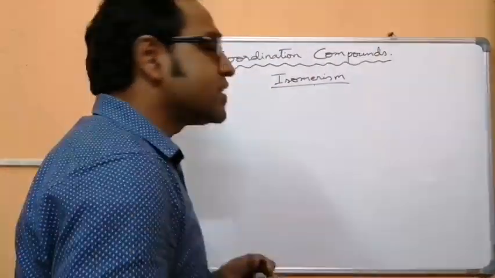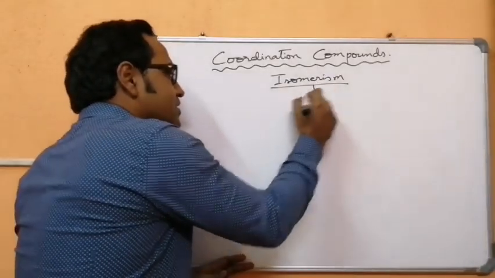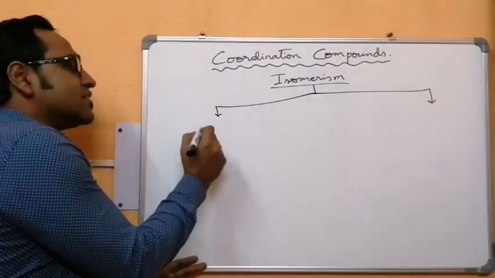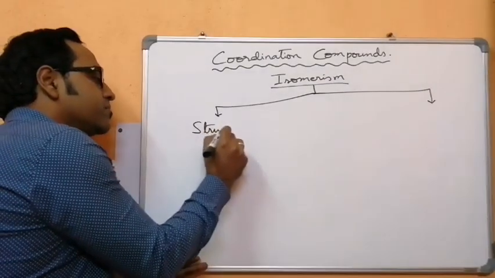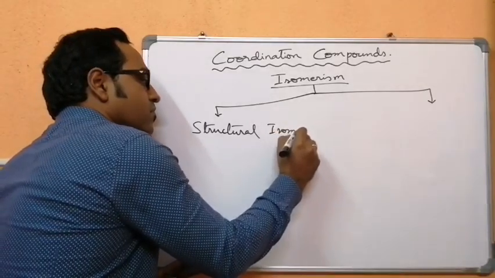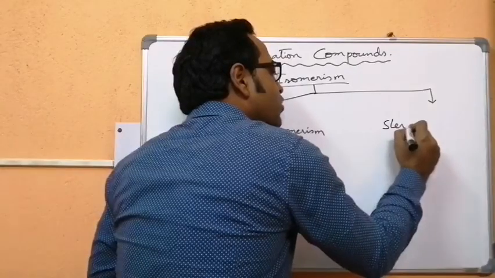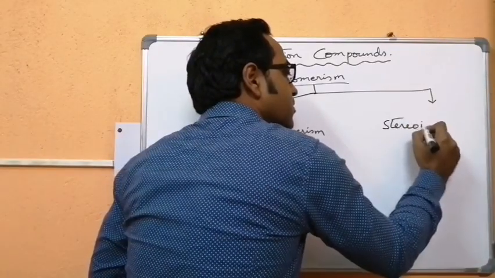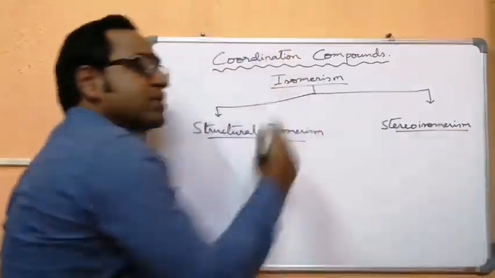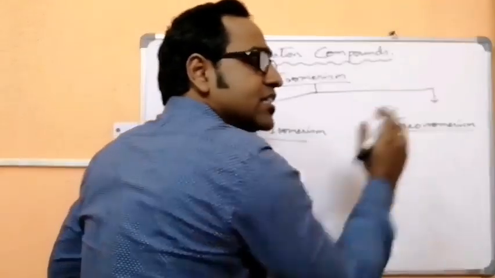Now this isomerism is broadly categorized into two classes. One is structural isomerism and the second one is stereoisomerism.